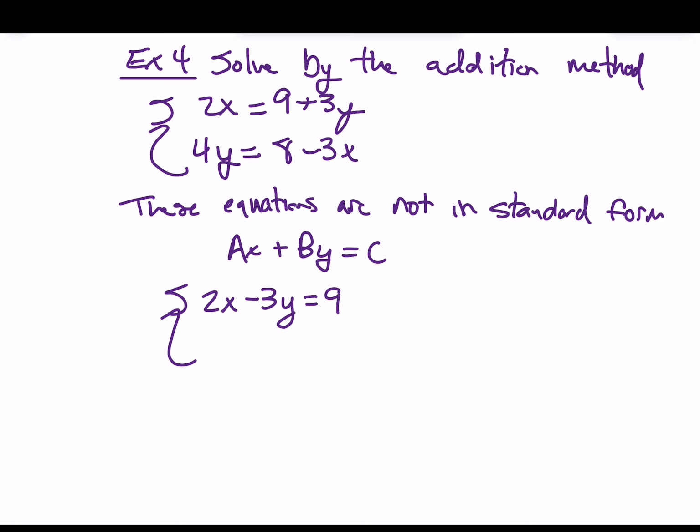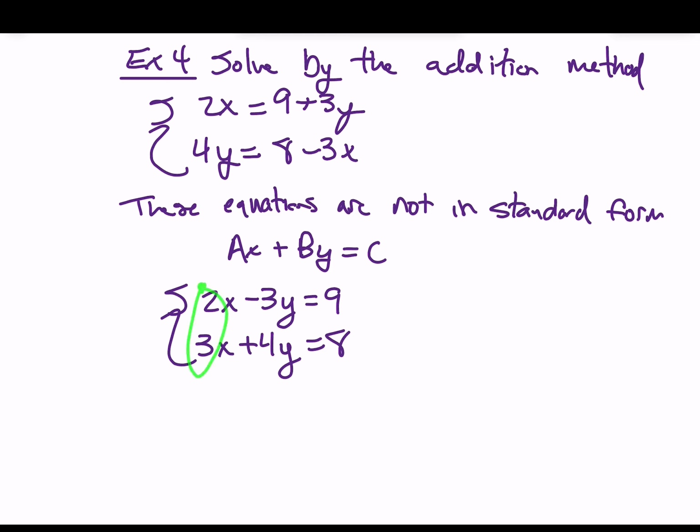So we get 2x minus 3y is equal to 9. And we can add 3x to both sides in the second equation to get 3x plus 4y is equal to 8. Okay, so now we have our system of equations in a format that we can use the addition method.